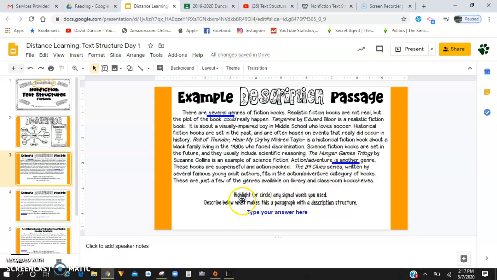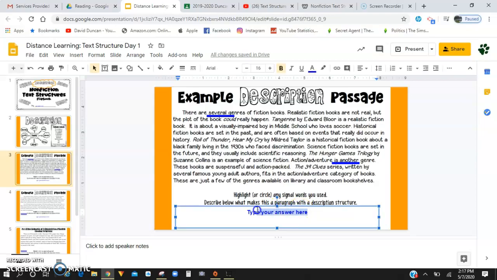Down here it says, highlight or circle, or I'm sorry, describe below what makes this paragraph a description structure. So I'm going to type the topic of this passage is different genres of realistic fiction books.